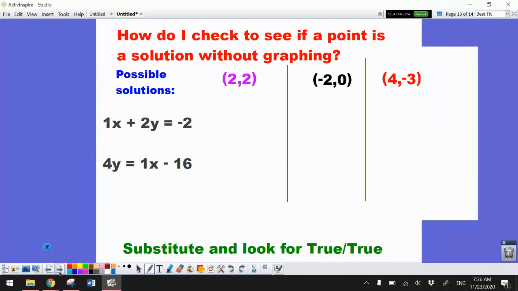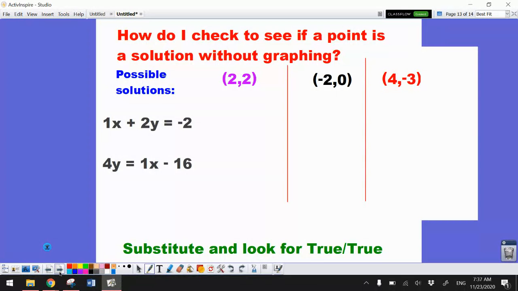Okay, so let's take a look at how we check to see if a point is a solution if we don't want to graph. Because sometimes we don't have a graph and we may not want to waste our time solving for y and graphing. So how can I check to see if a point is a solution without graphing?